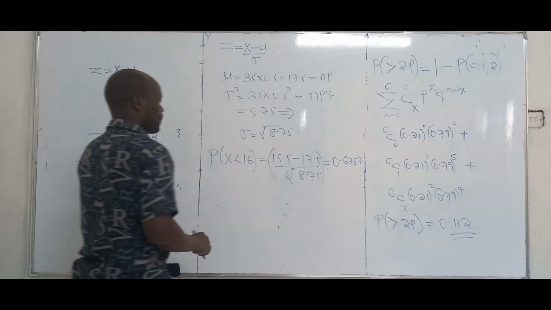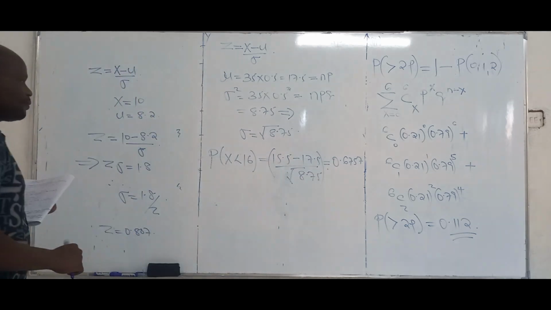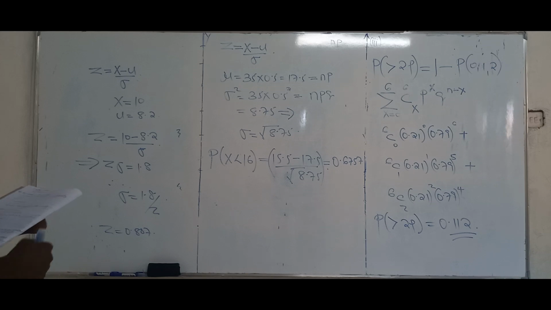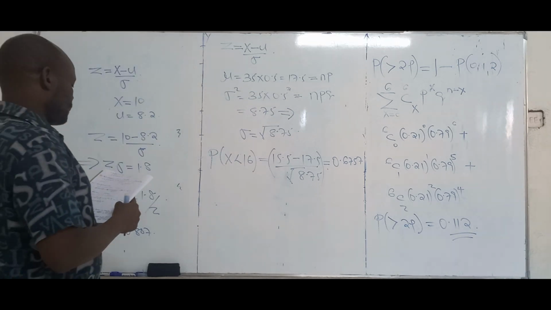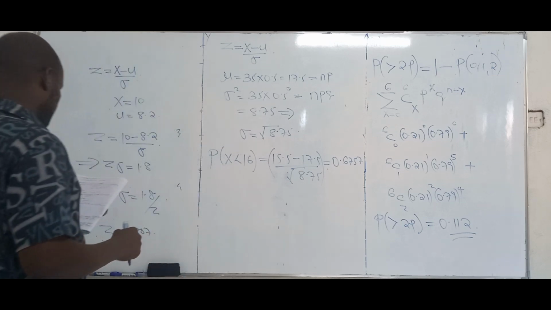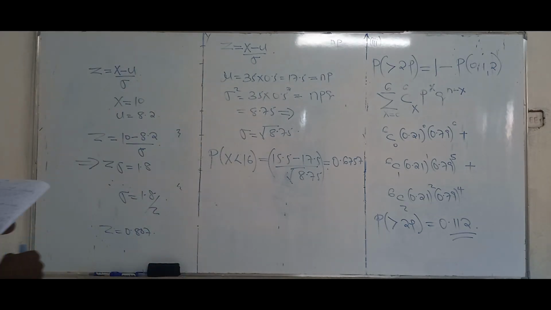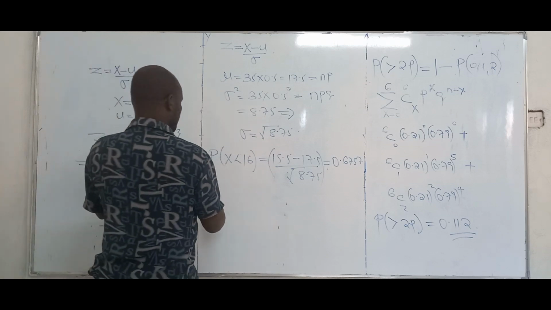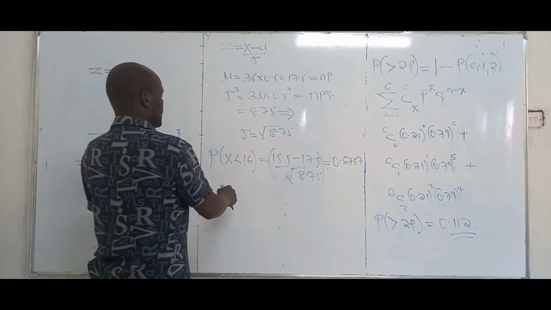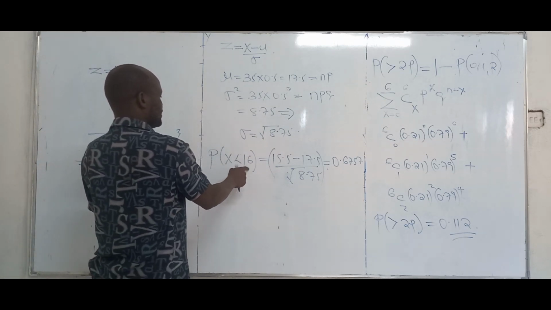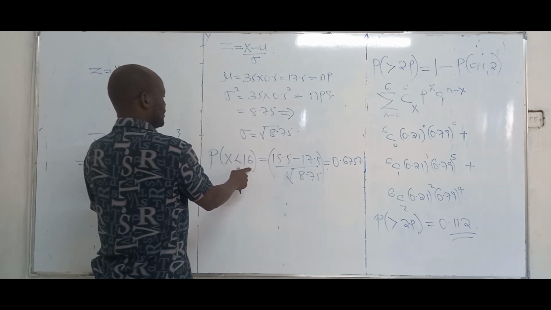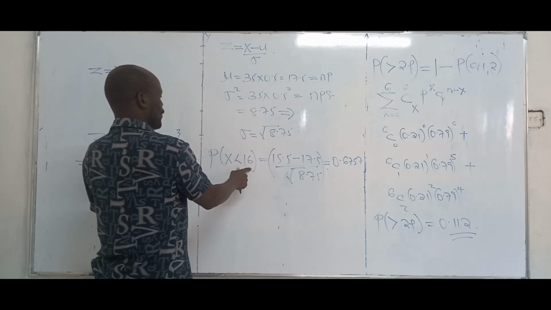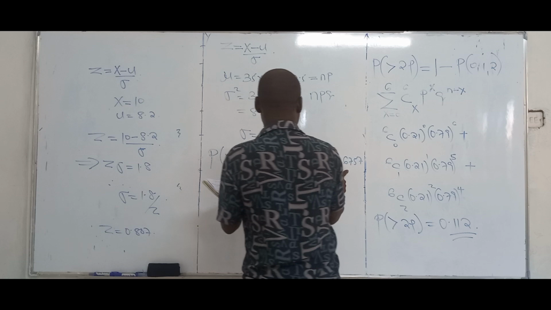This gives you that. But look at what we have. We are saying that the probability that x is less than 16 gives us a z-score of this. This is the z-score.